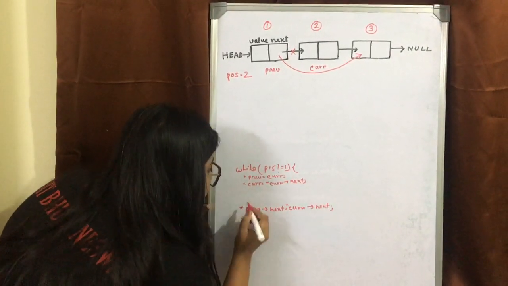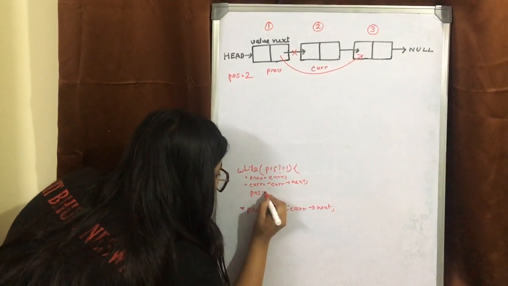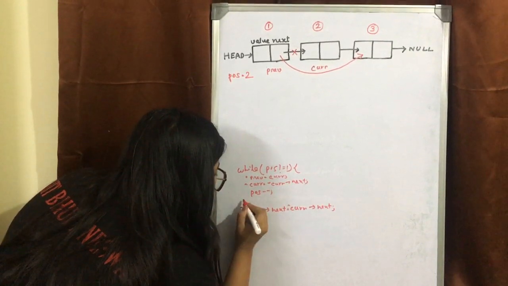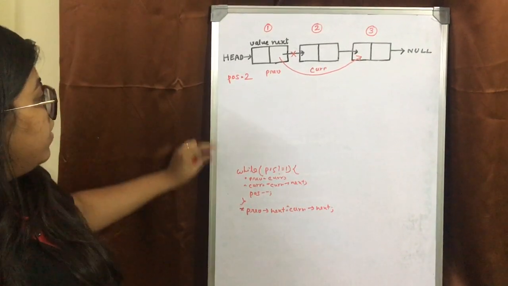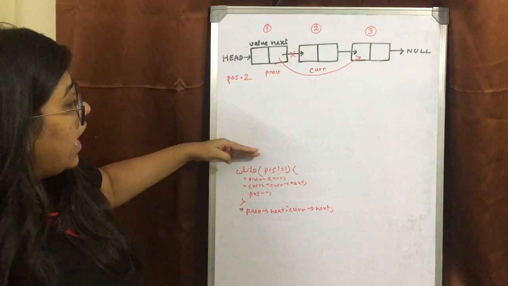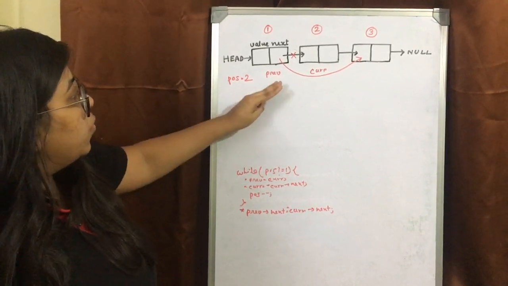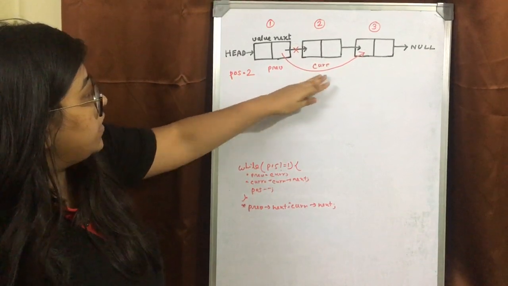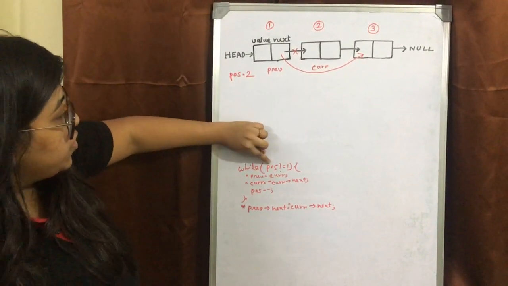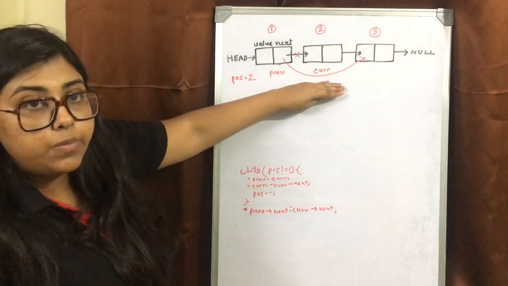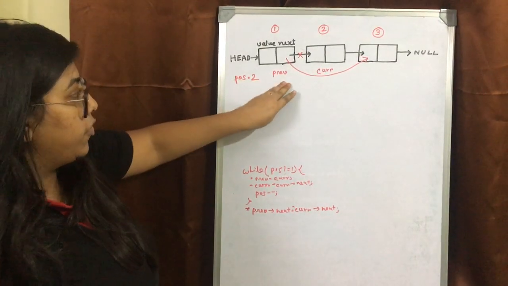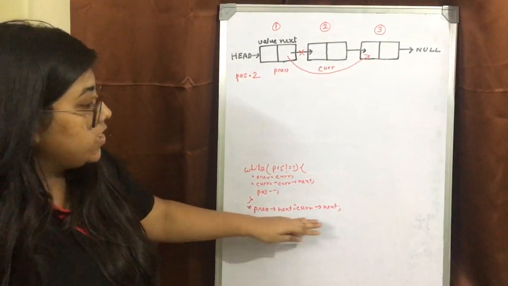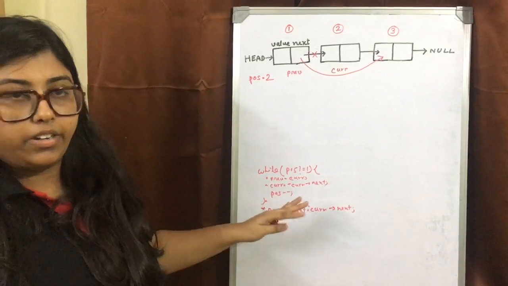So current equals current next and position minus minus. We iterate until the position equals 1. The current goes one step further and previous takes the position of current. When we reach position 1, current is at that particular position and previous is just before it, and then we can do previous next equal to current next, and that is our main code.